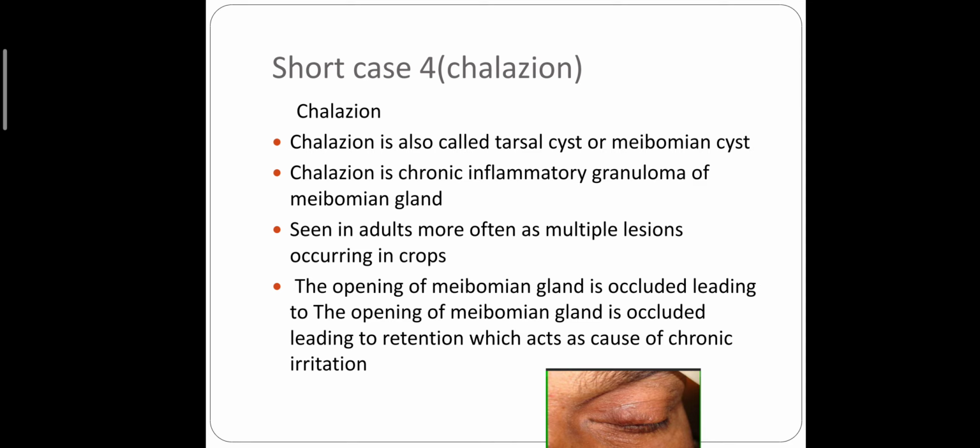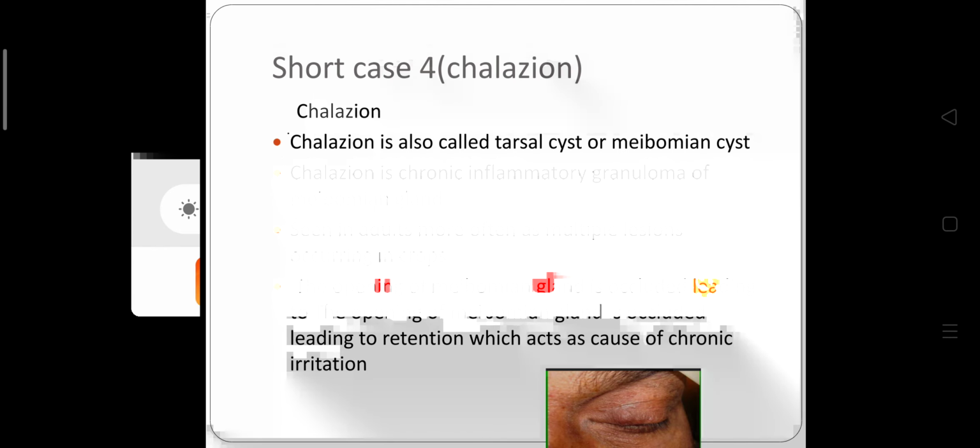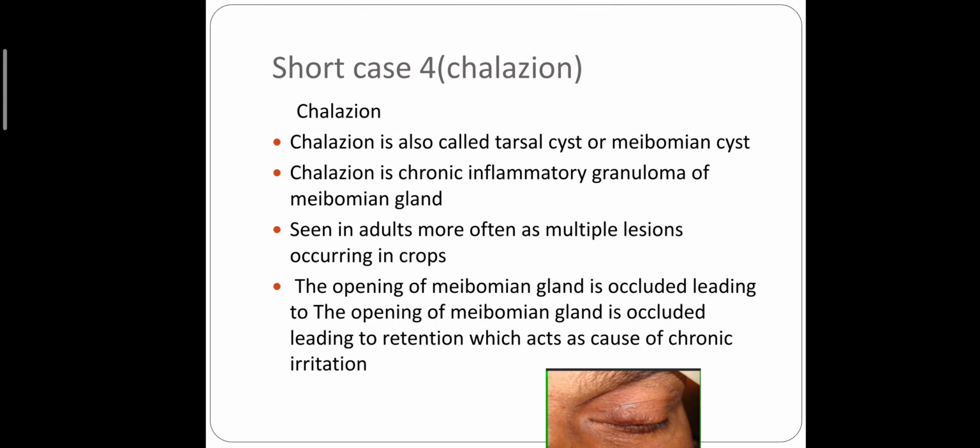So the fourth short case is chalazion. So chalazion is again an important thing. Chalazion is also called meibomian cyst or tarsal cyst. So, differentiating features between chalazion and hordeolum internum or externum: this is a chronic non-suppurative granulomatous inflammation of the meibomian gland.